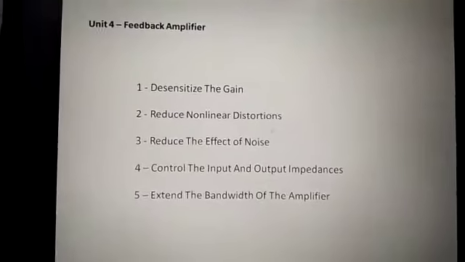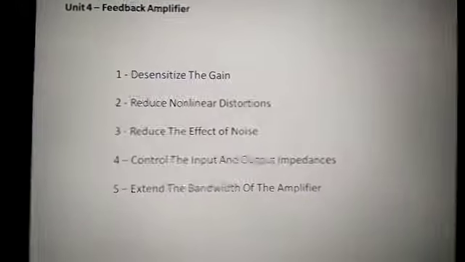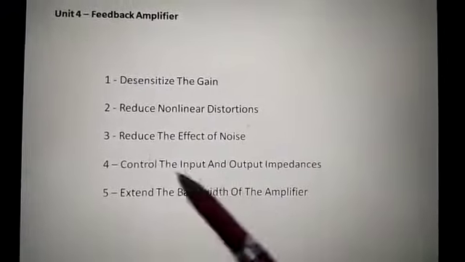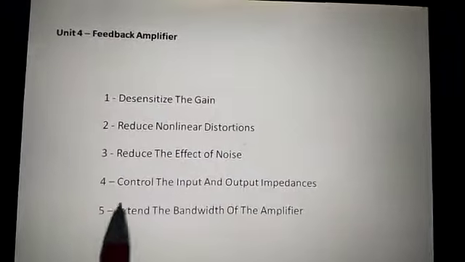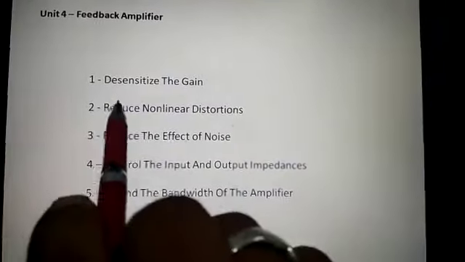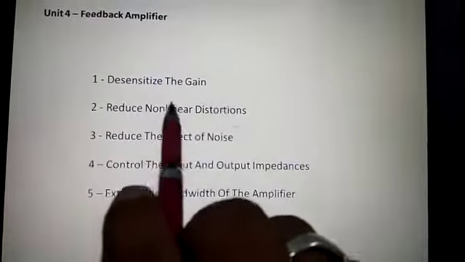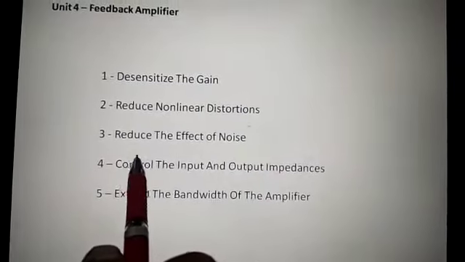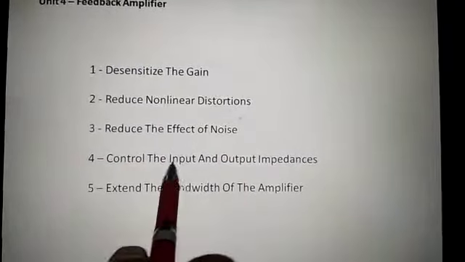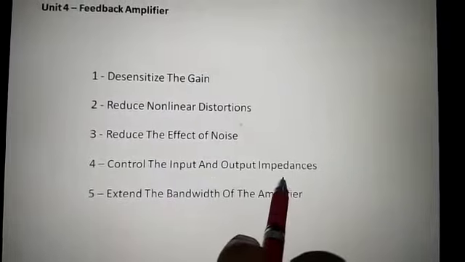You already know about the feedback amplifier. Feedback amplifiers are used because they desensitize the gain, reduce the nonlinear distortions, reduce the effect of noise, and control the input and output impedance.